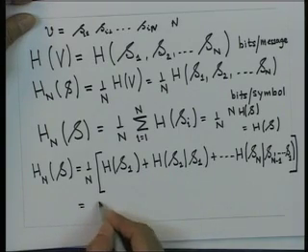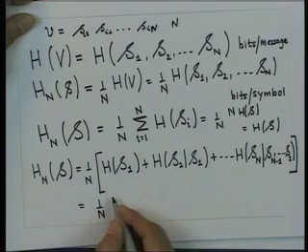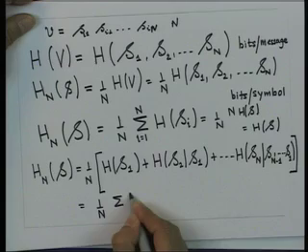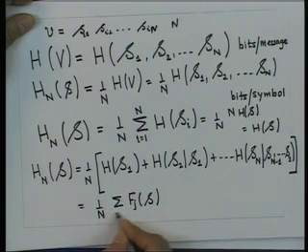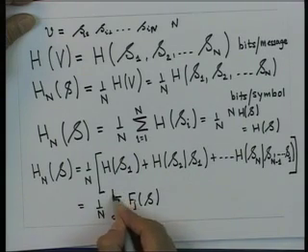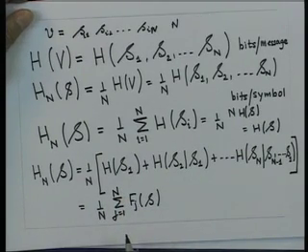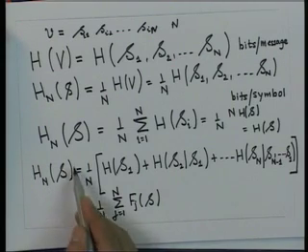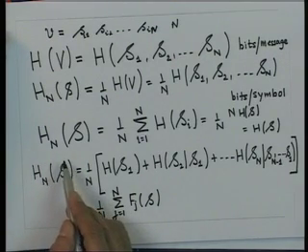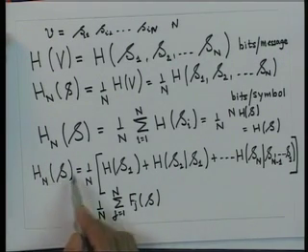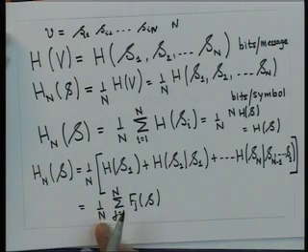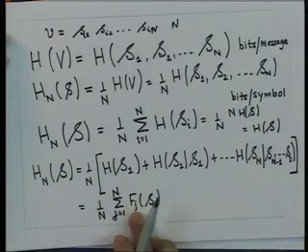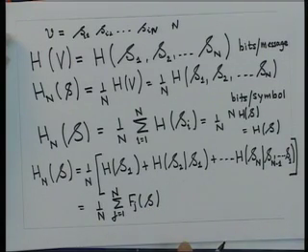and this is equal to 1 upon N times the sum. So, this I get as the average information per symbol, and that is related to 1 by N summation of Fj(S).